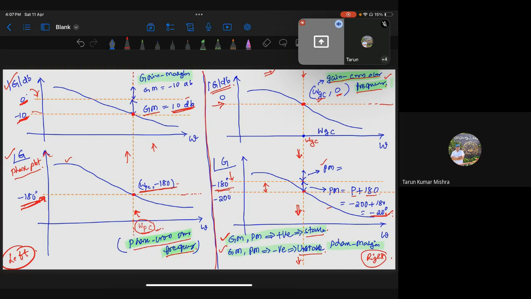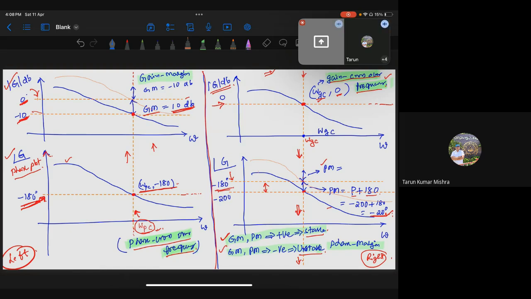So while doing the design problems, what do we do? In root locus, generally, if the system is unstable, we try to move the root locus by adding poles and zeros to the left side or right side, correct? Yes, sir. Here also, to make it stable, I'll move this one like this, or I'll move this one like this.